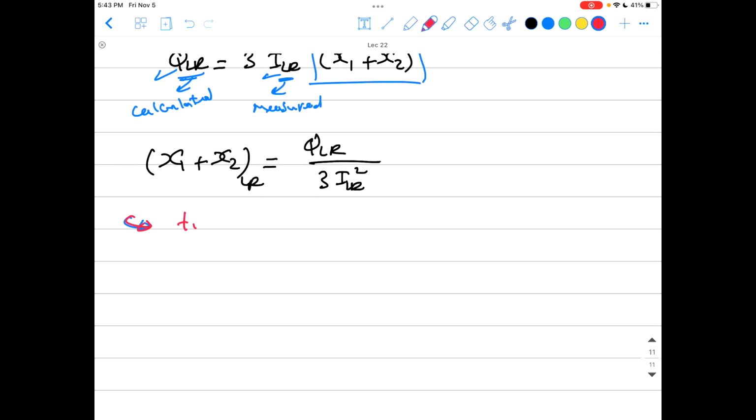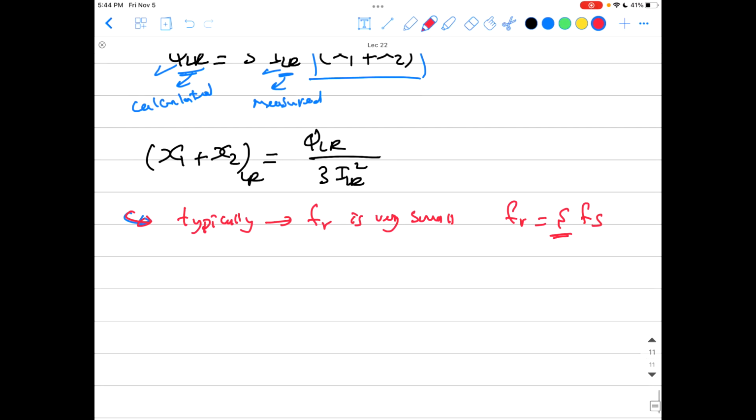Typically the frequency of the rotor circuit is very small. Remember that? Because the frequency of the rotor circuit equals S times F of the stator. I know this S, the slip, is very small, and that's why the frequency of the rotor circuit is very small. Like I said last lecture, you will find it in the range of 5-6 hertz, something like that. It's very, very small, okay?